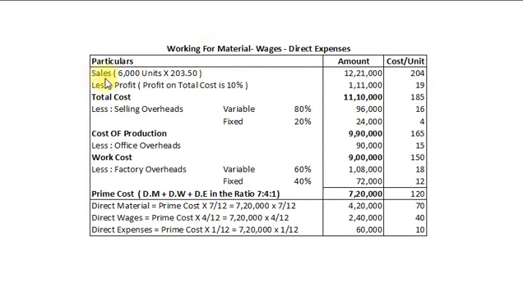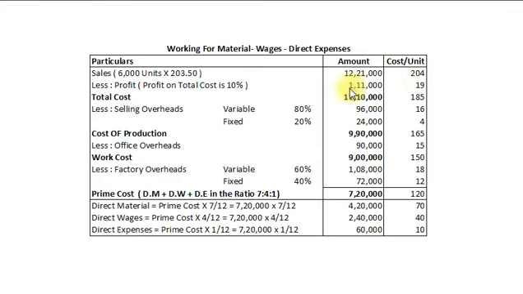First of all, we will take sales 6,000 units multiplied by 203.50 per unit selling price, already given in the question. So our sales amount to 12,21,000 and per unit 203.50, rounded off 204, less profit.